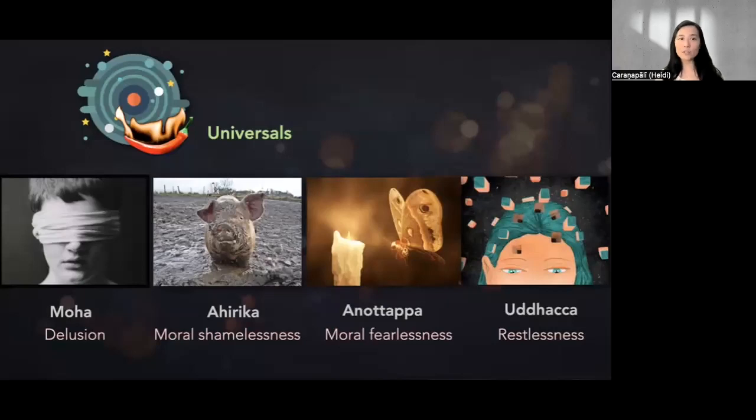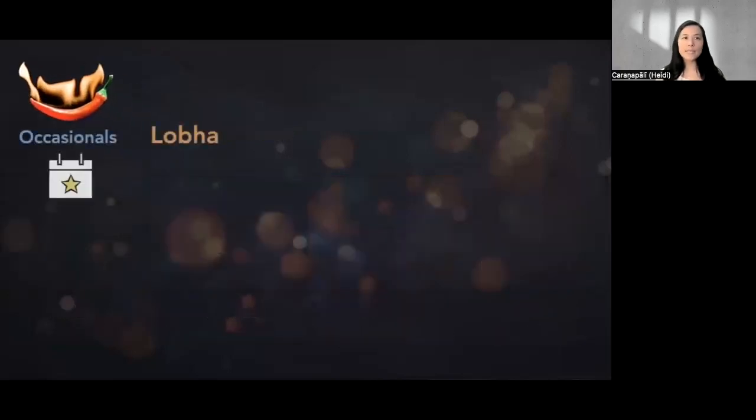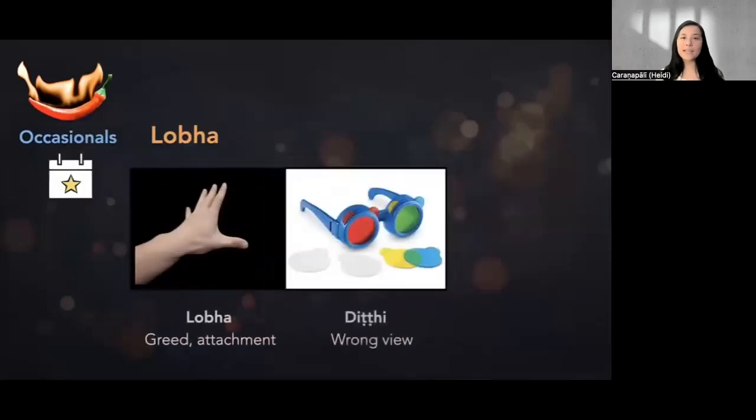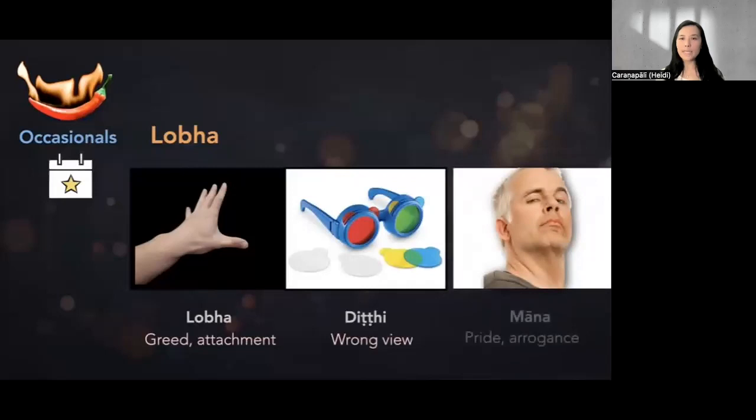Okay, so let's see about the occasionals, which are they? In the Lobha group, we have Lobha, attachment, Diṭṭhi, wrong view, and Māna, pride and arrogance. When we studied the Lobha Mula Citta, we already saw that Diṭṭhi, this wrong view, belongs to the Lobha group. So these are the three in the Lobha group.